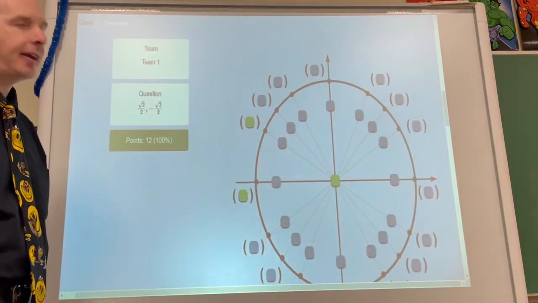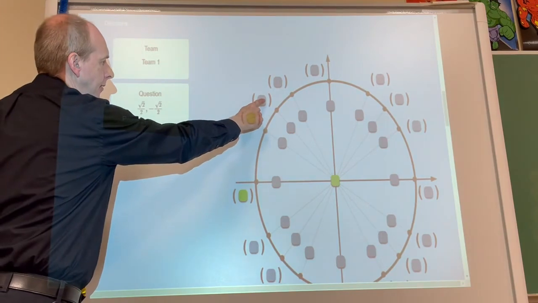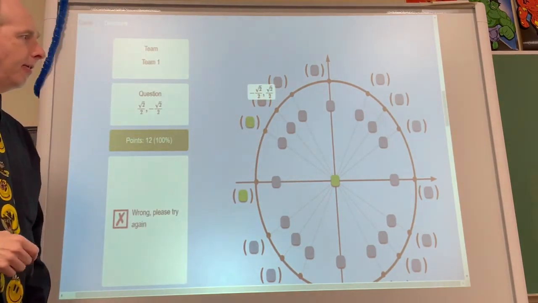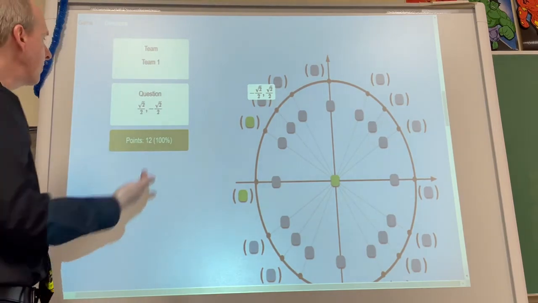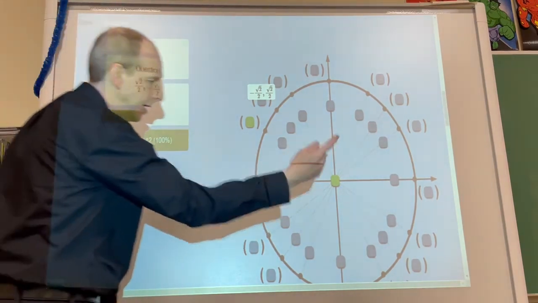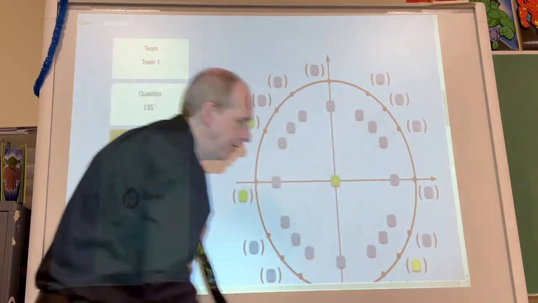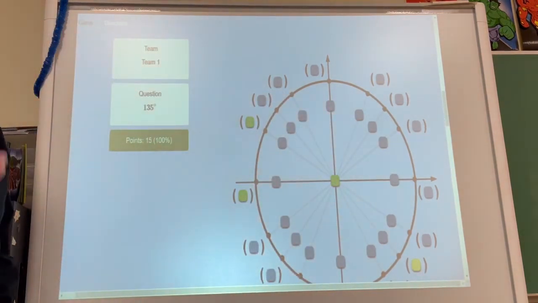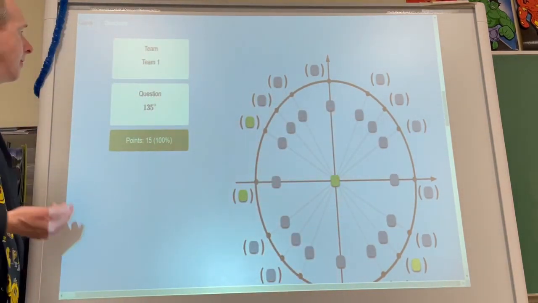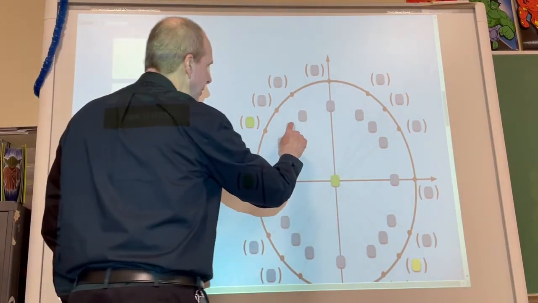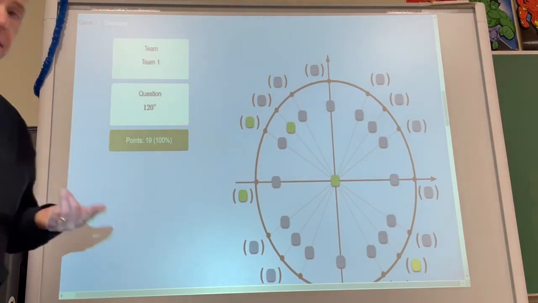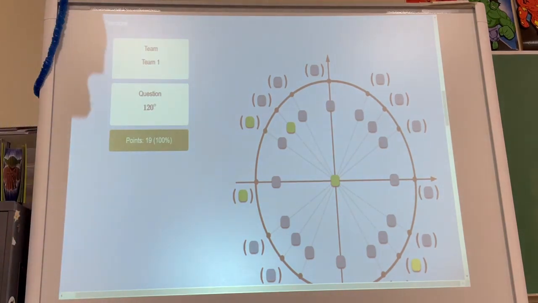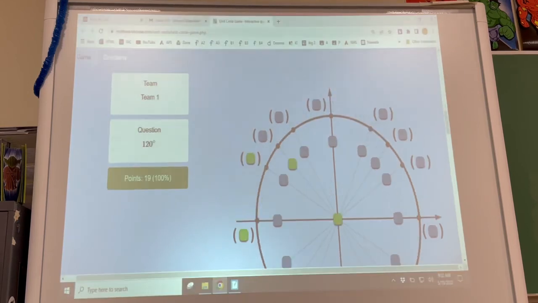Let's say I make a mistake and I say it's right here. Oh, it turned it red, it told me it's wrong. I get another shot at it. Cosine's positive, sine's negative. That would be here. Notice how it's yellow because I goofed up the first time. 135 degrees. Angles go on the inside. Answers go on the outside. Hope you have fun with it. Do your best. The more you can do this, the better off you're going to be as we continue working in trig.